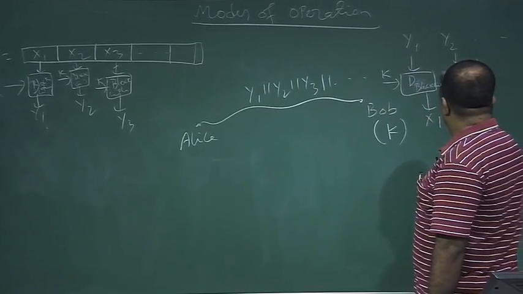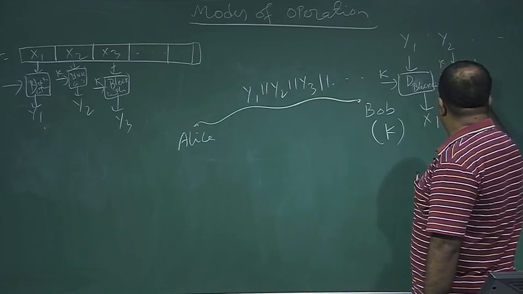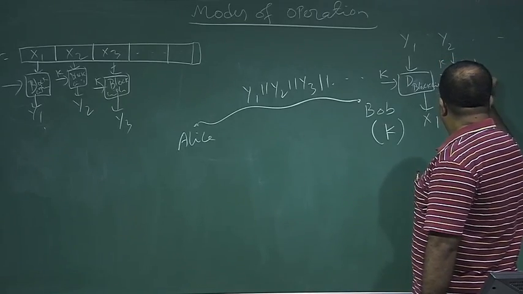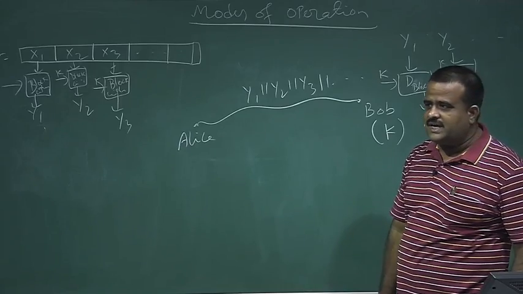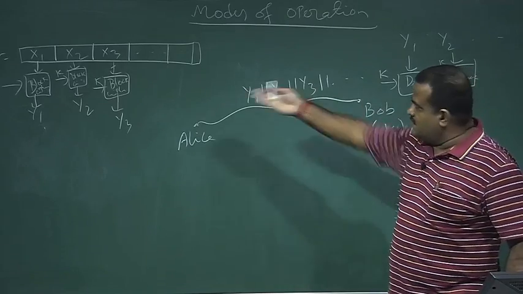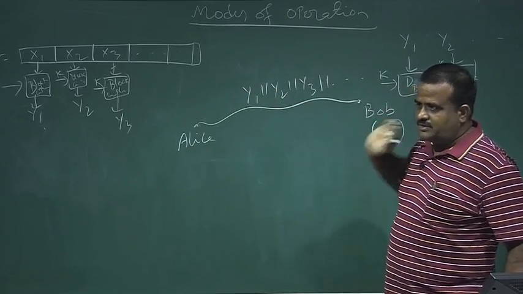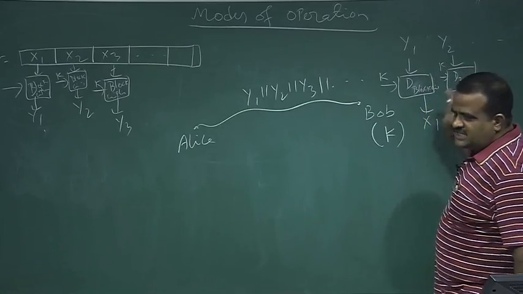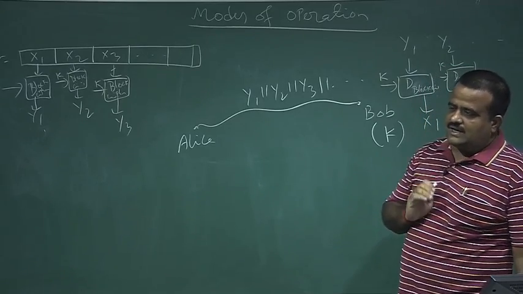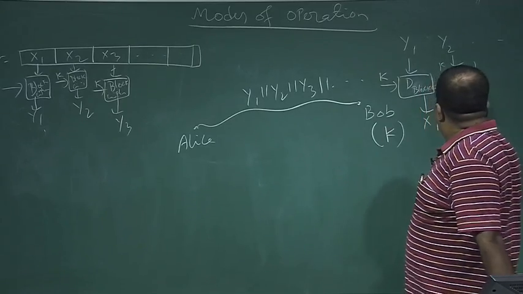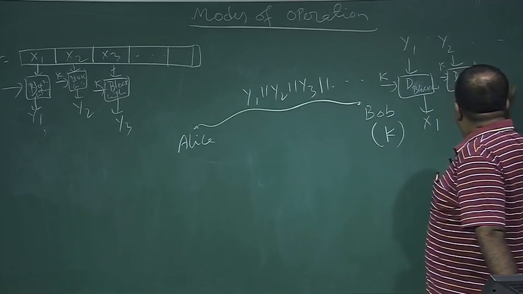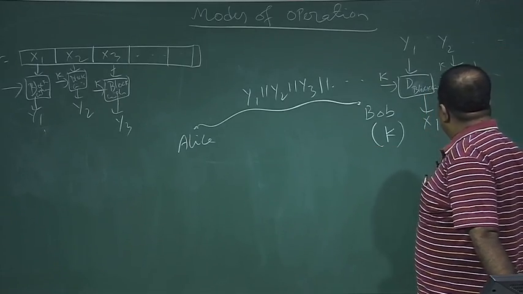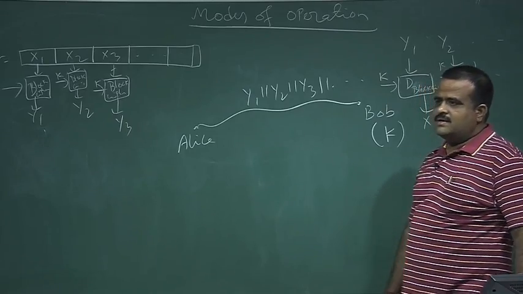Bob will use the same key for block cipher decryption. If it is DES, then we have to use the DES decryption algorithm. If it is AES, then we have to use AES decryption. So, this is general. It could be any block cipher like this. This is the way Bob will get back the message.